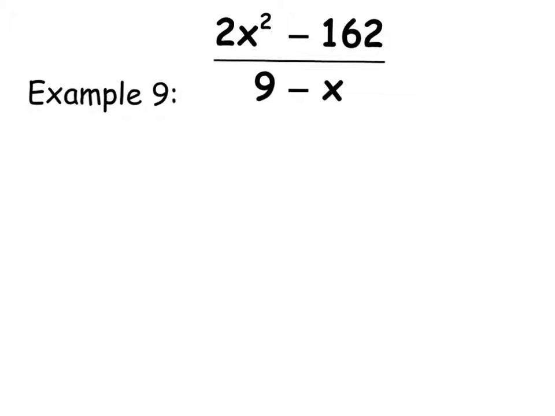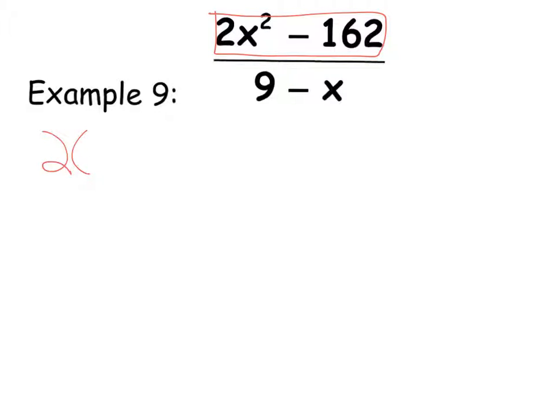All right, one more that we're going to take a look at here, okay? So, example 9, 2x squared minus 162, okay? So, first thing we should be noticing, and hopefully you're picking up on this, a lot of these problems have it. It's got one of them there, a GCF, okay?